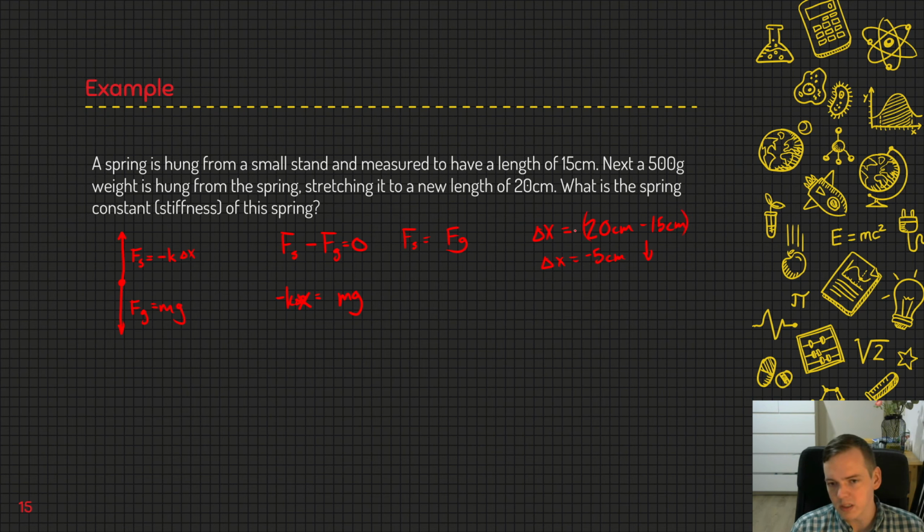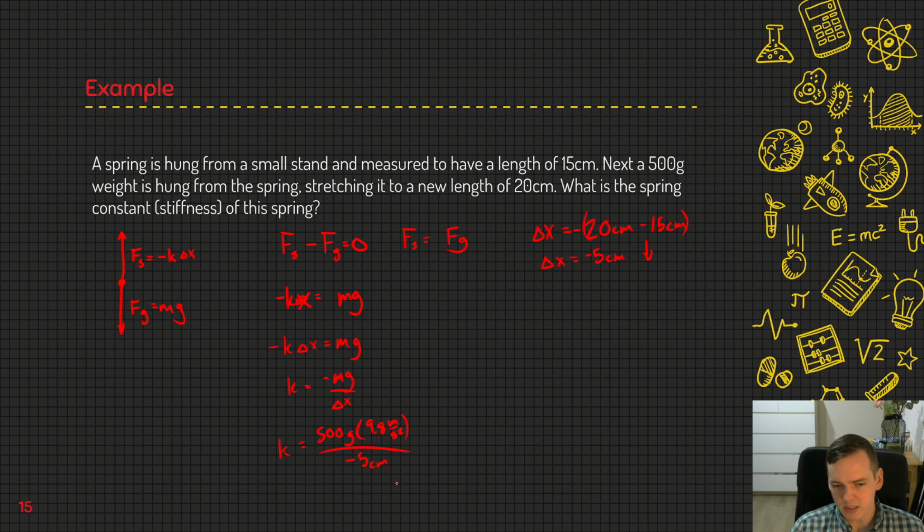So in other words, this whole expression here should have been negative because we were going in the downwards direction. So we get negative k delta x is equal to mg. We get k is equal to negative mg over delta x. So we get k is equal to 500 grams times 9.8 meters per second squared over negative 5 centimeters.